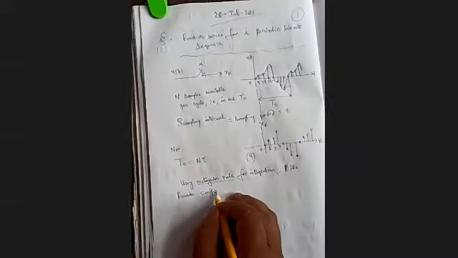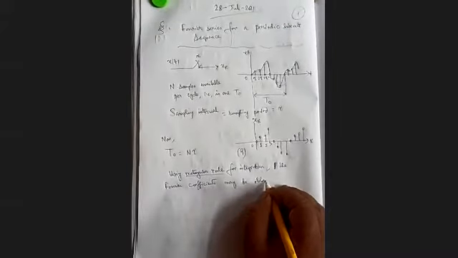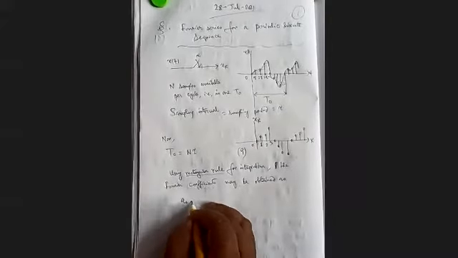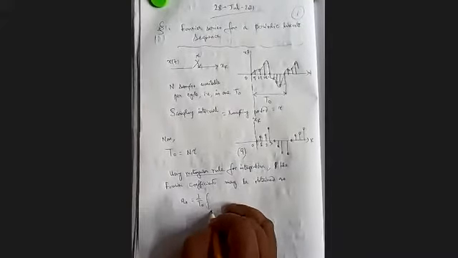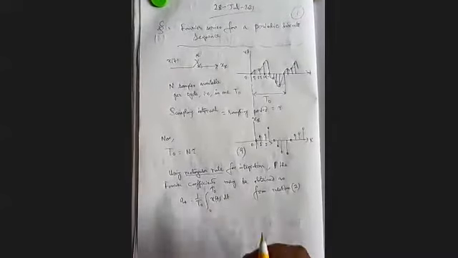So the Fourier coefficients may be obtained as follows. a0 equals 1 by t0 integration from 0 to t0 of xt dt. It is from relation 2. Last day we got relation 2 where a0 was that. It is the area.